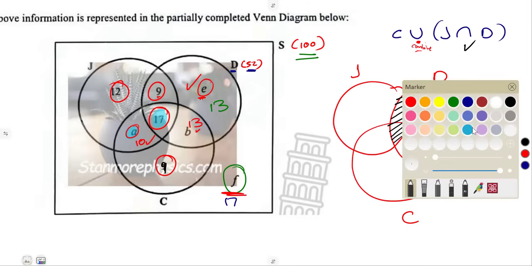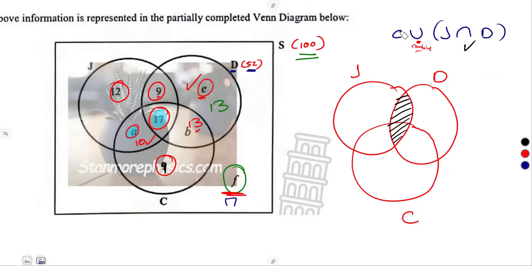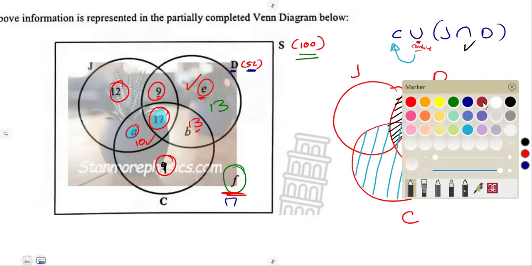But it must be combined to C. Union means combine with the C. So this is our set C. Let's shade our set C, everything that we see in C. So as we can see, if we take C and we combine it to J intersection D, this is the whole part that we are going to need at the end.